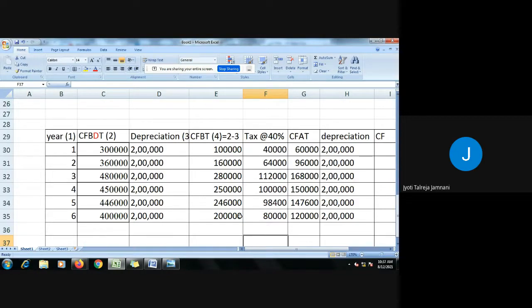So depreciation, interest, salary, all the expenses we deduct, and whatever remains as profit, on that we calculate tax. So this was cash flow before depreciation. So first I had to remove depreciation, then I will get the cash flow before tax, and on that I charge tax. But here I remove depreciation so that I can save tax.